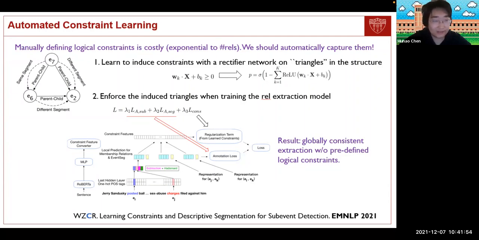Later we can enforce those automatically captured constraints in the previous framework we just showed, and still ensure the knowledge acquisition system gives globally consistent output. Also, in this case, we do not need to manually design any constraints. Okay, next, please.